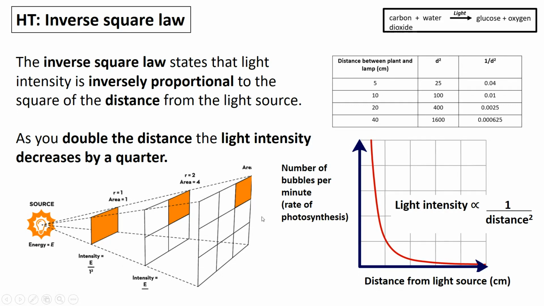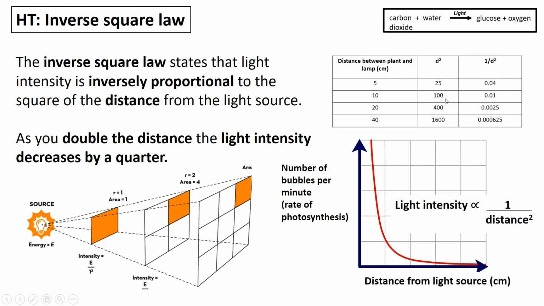Okay, so it basically means that if you're doubling the distance, the light intensity will decrease by a quarter. And there's this quite nice diagram here where you've got the light source and you've got a given area. And as you double the distance, you can see the light intensity will decrease by a quarter because it's spread over much more area.